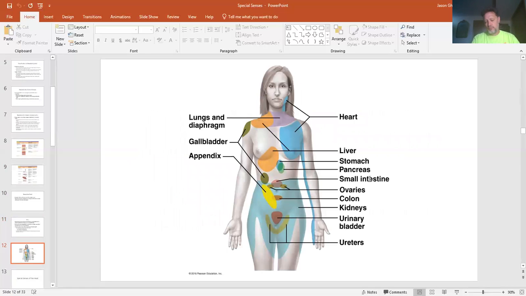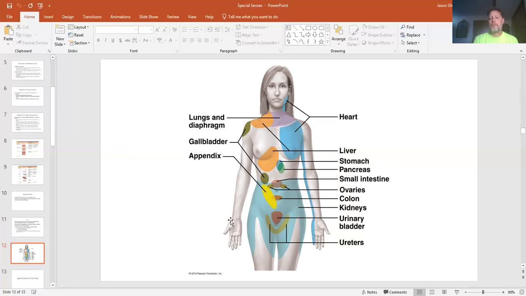So here, this is what we're talking about. This is referred pain. So they're showing you if you're having a heart problem, it could be up in your neck, your jaw, all the way down to your pinky for the heart. Look at your gallbladder. It could be your right shoulder. Could be below your liver over here. It's connected to the liver. Kidneys could be your legs. All right.